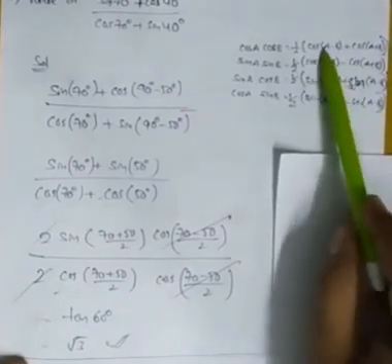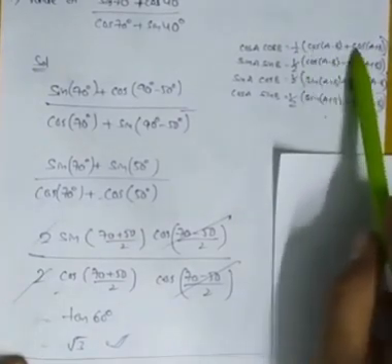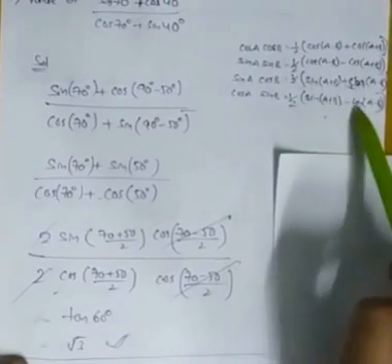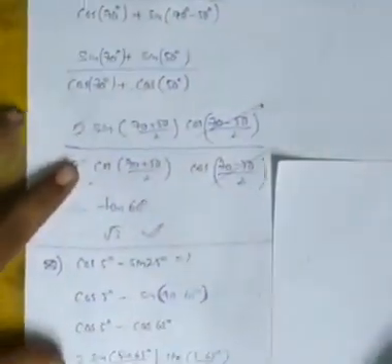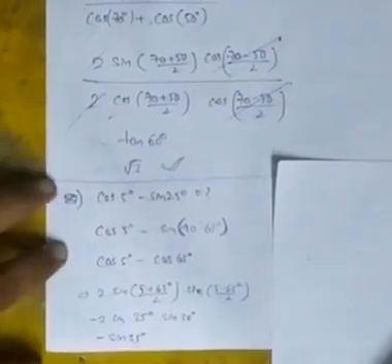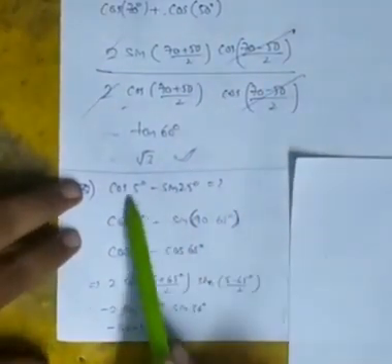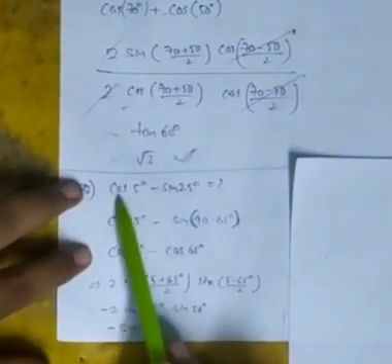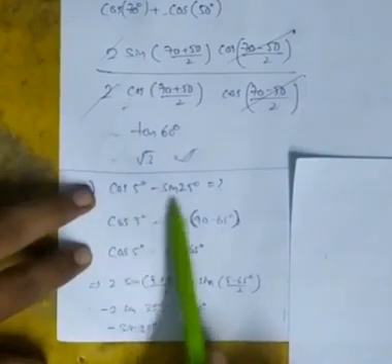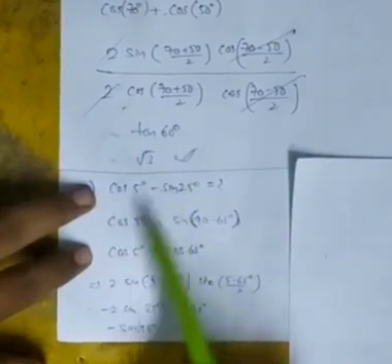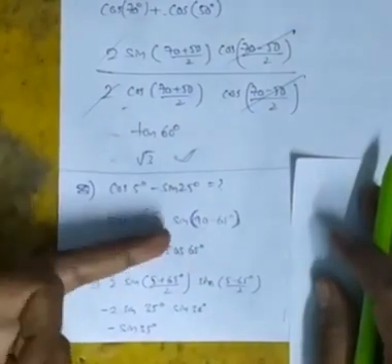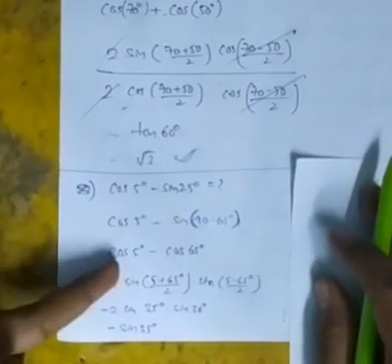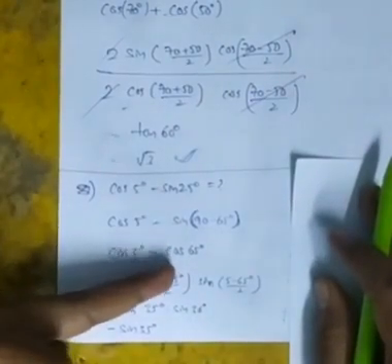As we can see, the formulas are cos plus cos, cos minus cos, sin plus sin, sin minus sin. So here we try to bring it as cos minus cos. So we are changing the second term here. It will become cos 5 minus cos 65.